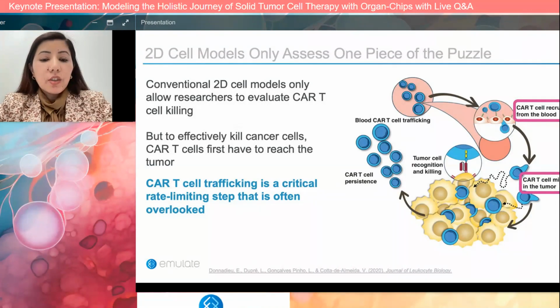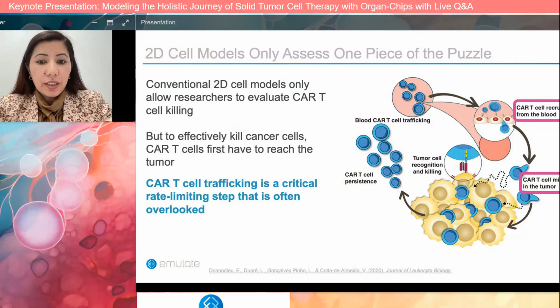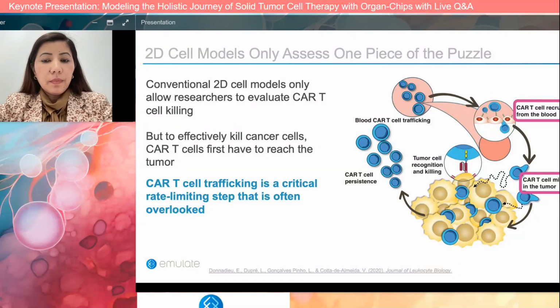Conventionally, 2D models can give the killing of the tumor cells at the end of the journey. They lack the entire journey we just went over, which is needed for the cell to exit from the bloodstream and enter the tumor.